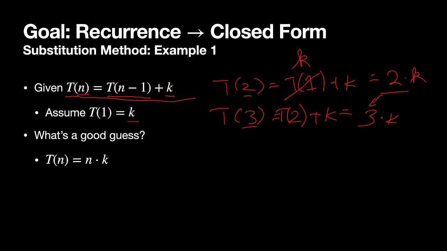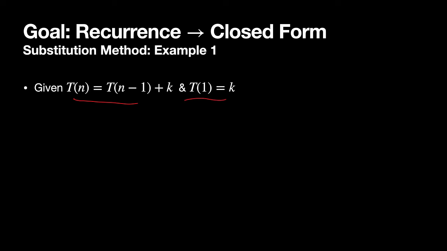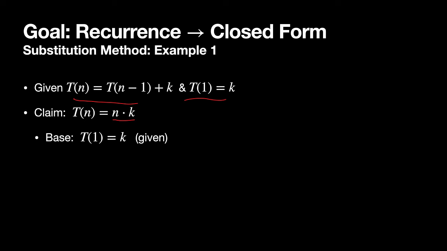Okay, so we've got our guess, and we had some justification for why we think this guess is appropriate. Now we actually have to go through the formal steps of trying to prove it. So our given is our recurrence relation, and we were also given this base case. The claim is that the solution to this, the closed form solution, is just n times k. Our proof to that will start off with the base case. So T of 1 is k, so that was given, and the claim holds true there.